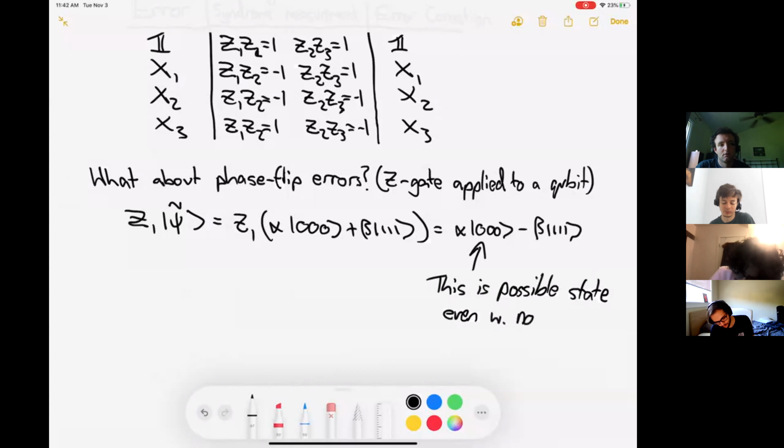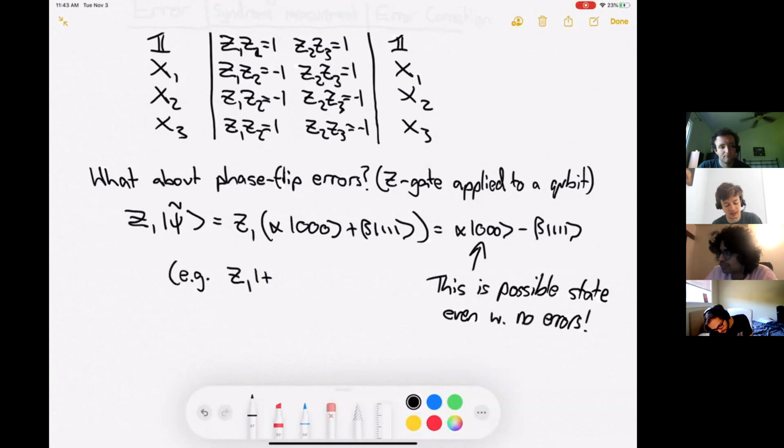Say alpha is 1 over square root 2 and beta is 1 over square root 2, e.g., if we start in the plus tilde state. The plus tilde state is 1 over square root 2 |000> plus 1 over square root 2 |111>. Then there's a Z error acting on the first qubit. The state you end up with is the minus tilde state, right? It's 1 over square root 2 |000> minus 1 over square root 2 |111>.